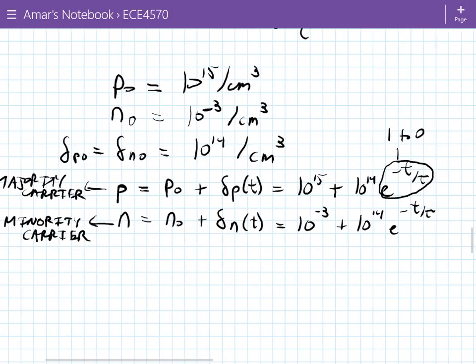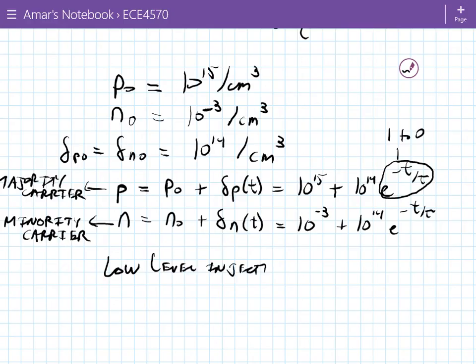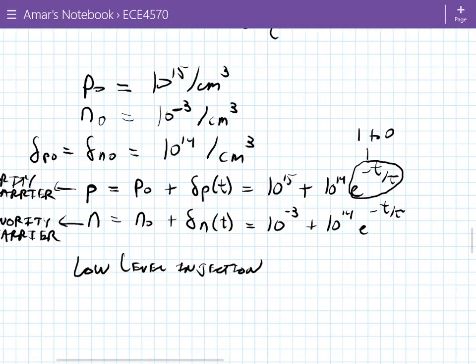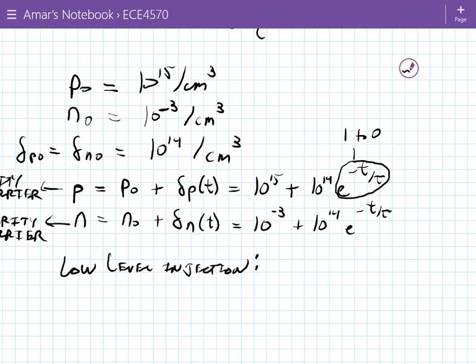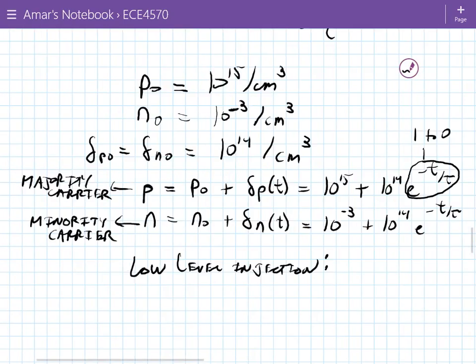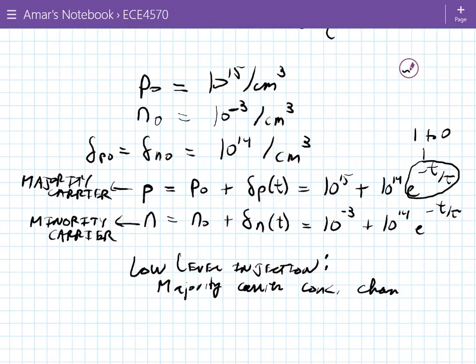All right, so in the case of low-level injection, let me write this down. Low-level injection. The definition of that means that the majority carrier concentration changes only slightly.